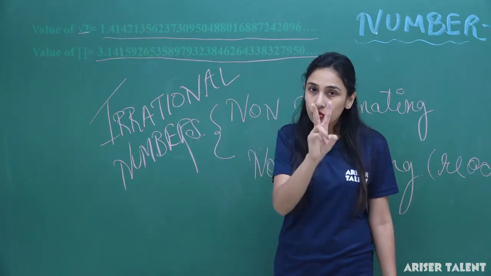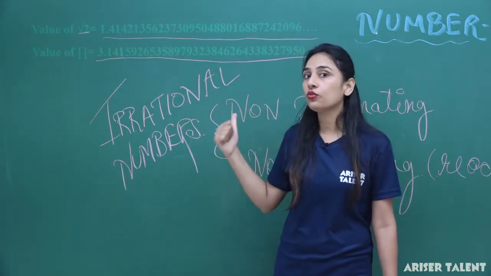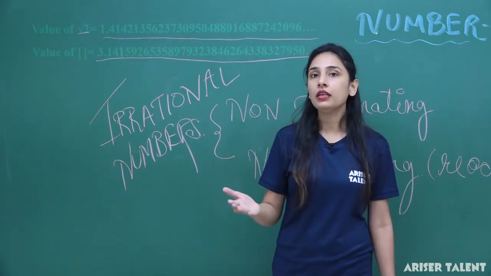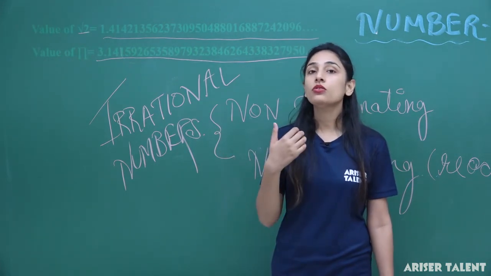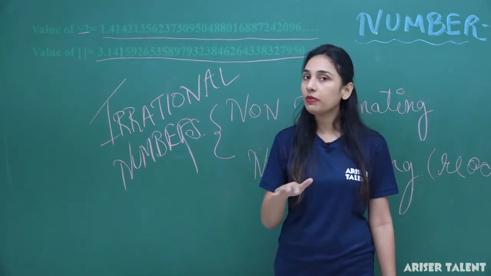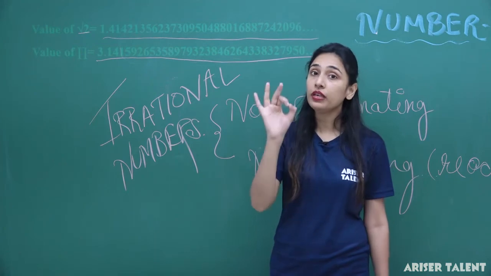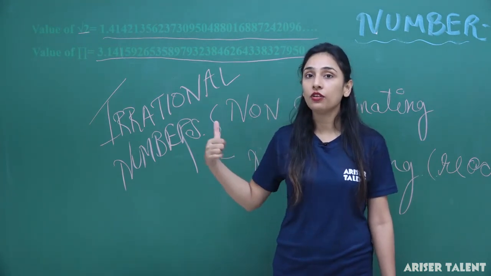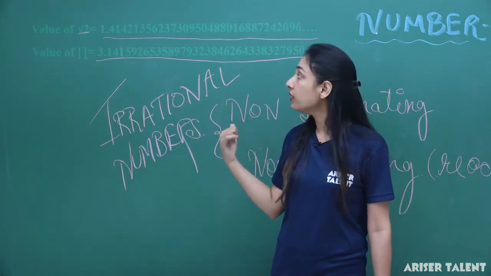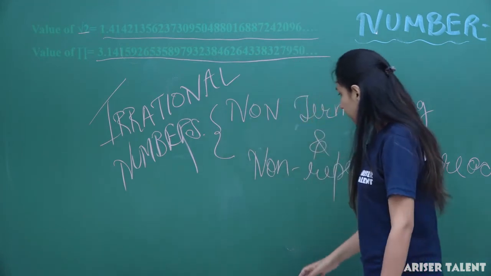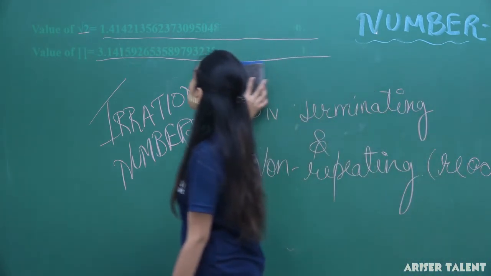When we get two nons, then we go for irrational. Other than that, if it is terminating, that will be rational. If it is non-terminating plus repeating, that will be rational for sure. But if it is non-terminating and non-repeating or non-recurring, then that will always be this kind of irrational number. Okay. Sorted.